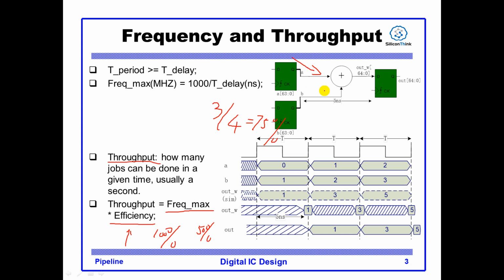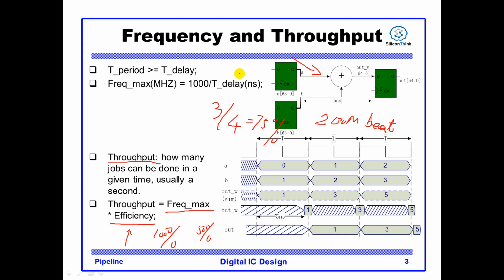So for this circuit, we can give data every cycle, so the efficiency is 100%. Multiplying by the maximum frequency, the throughput here is 200 megabits of data per second.